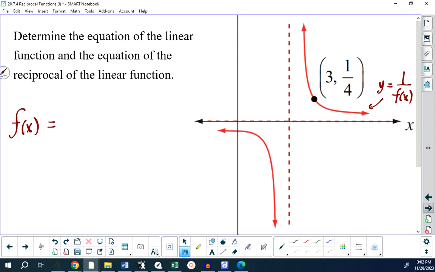Well, there's a number of ways to go about it, but if 3, 1/4 is a point on here, then it must have been 3, 4 before, because we reciprocate y to get the new y coordinate.